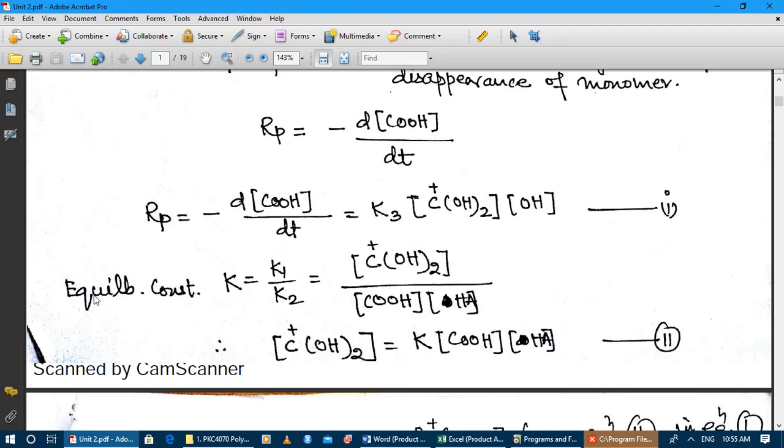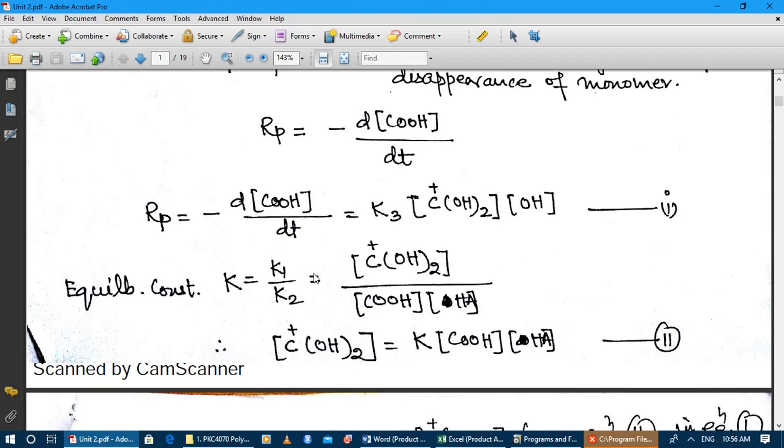We know that in case of any reversible reaction, after some time equilibrium is attained, and when equilibrium is attained, the forward rate of the reaction is equal to the reverse rate of the reaction. So we can say the equilibrium constant capital K is equal to k1 over k2, where k1 and k2 are the forward and backward rate constants.